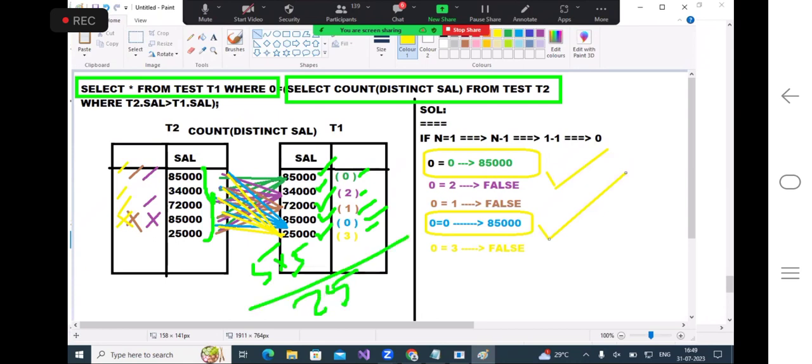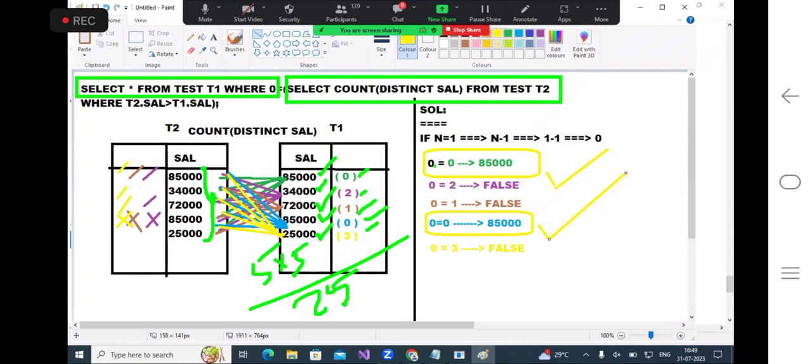Okay? So after comparing 25 times, for each comparison one value will be written by the inner query. First value 0, second value 2, third value 1, again 0, again 3. So these are the comparison values. Here 5 into 5, 25. Again those 0, 2, 1, 0, 3 are compared with what now?